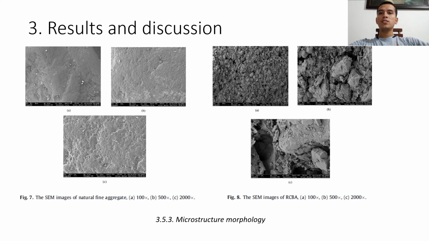It's not dense, and because the surface texture is irregular and the edges and angles are greater, this causes the friction between particles to increase, which produces a decrease in the fluidity of the mortar.